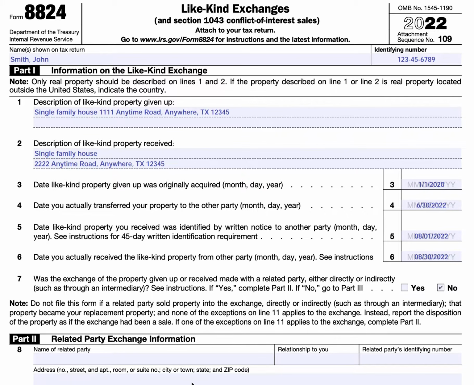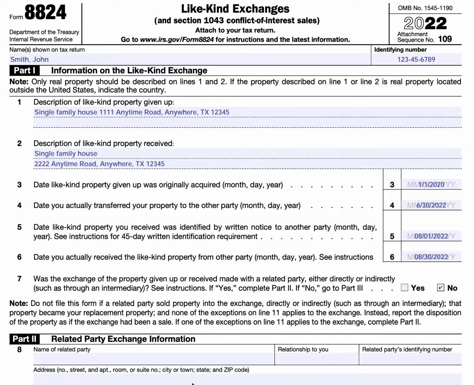Since you're exchanging like-kind properties, you can do a like-kind exchange, which would defer your tax liability to some point in the future when you sell the replacement property. But then you also have to report the information on this on IRS Form 8824.